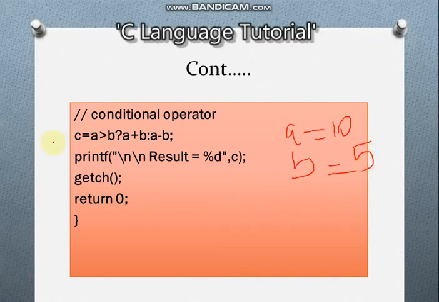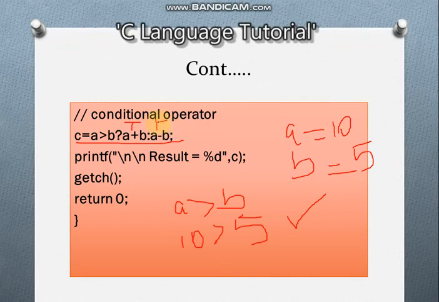So here the question is, is A greater than B? Is 10 greater than 5? The condition is true. So the true value will be printed over here and false value will be printed over here.